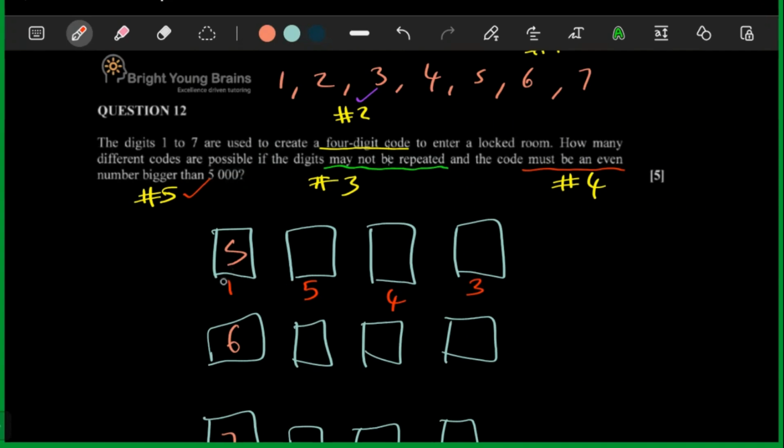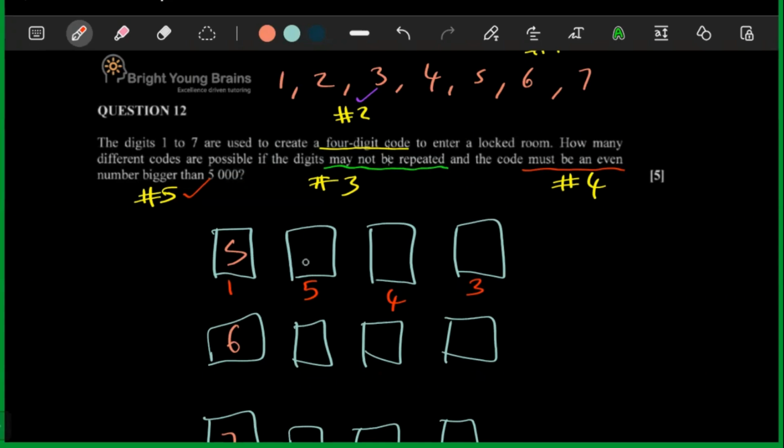So we put a rule to say there's only one option for the front here. And then the back, if you start with a 5, you can still end up with a 2, a 4, or a 6, so we have 3 options in the back. Then the logic is that once you put a number in the front and a number at the back, you only have 5 options left for this position here.